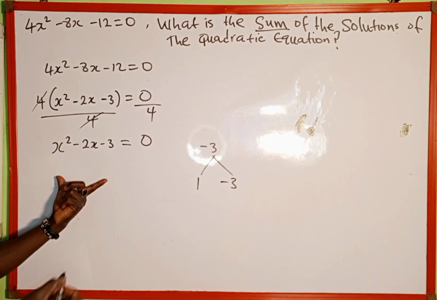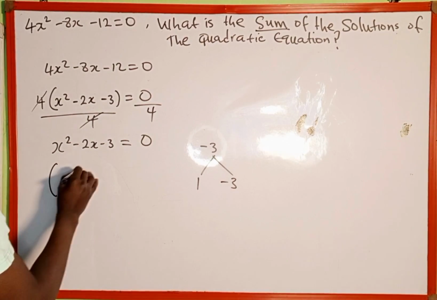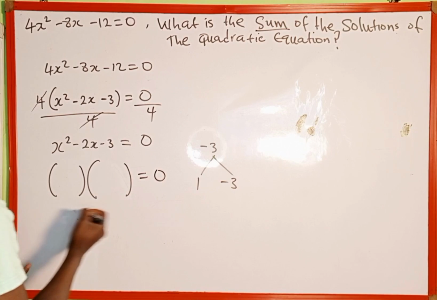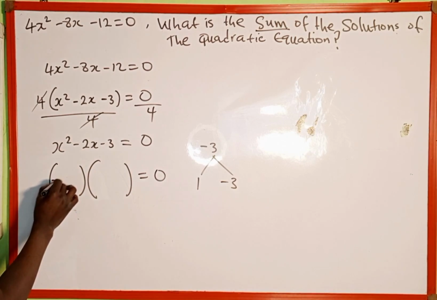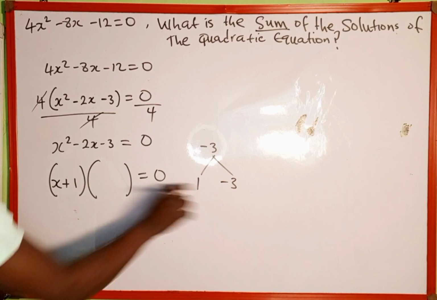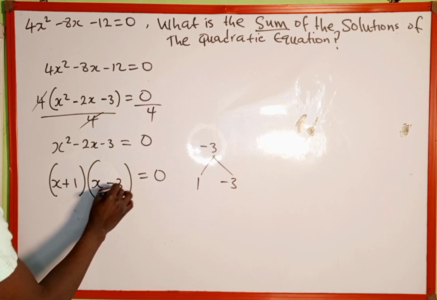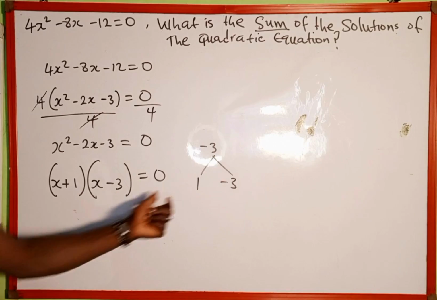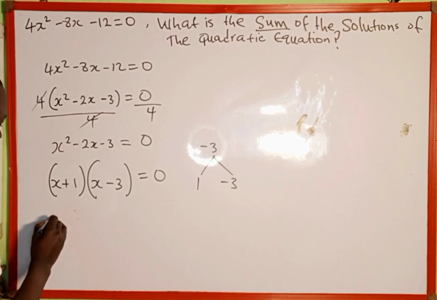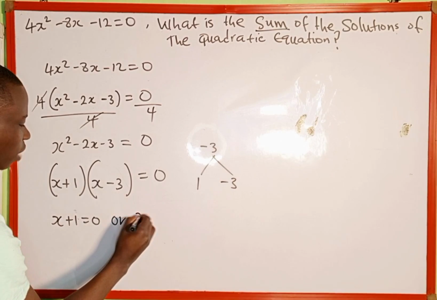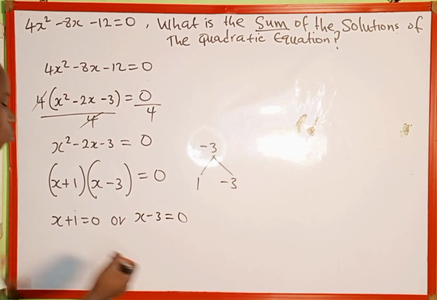So in factoring a quadratic equation, what do we do? We open two brackets, multiply them, and equate to 0. The variable we are looking for is x. Write x here. The first number is positive 1. Then the second number is what? Negative 3. So what are we going to do? When two terms multiplied together equal 0, either the first one, x plus 1, is equal to 0, or the second one, x minus 3, is equal to 0.